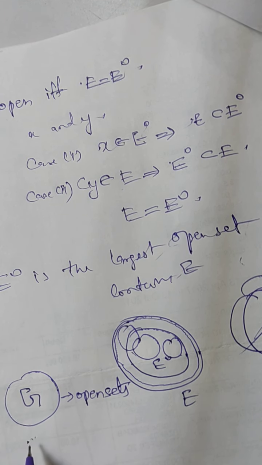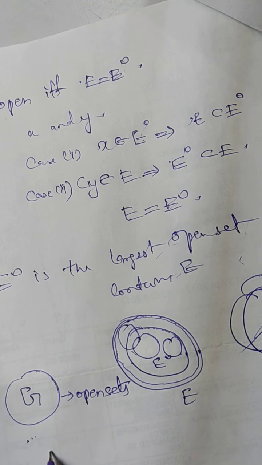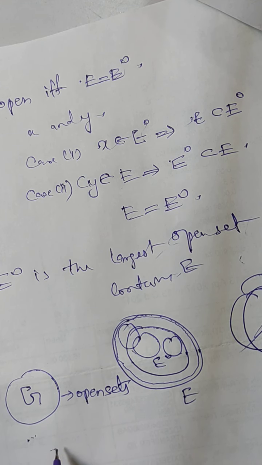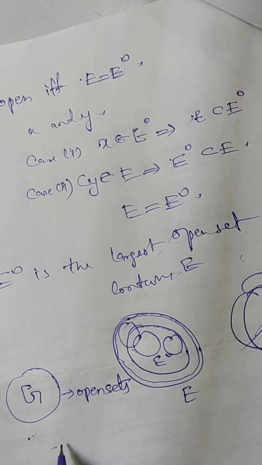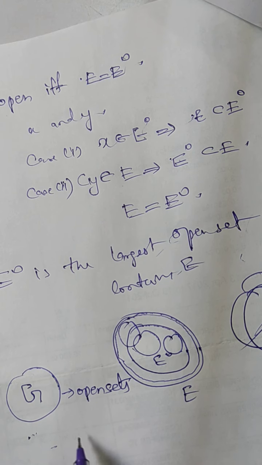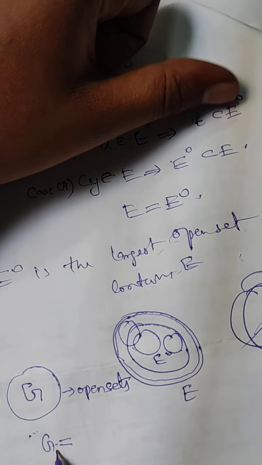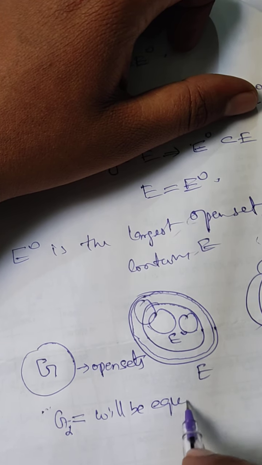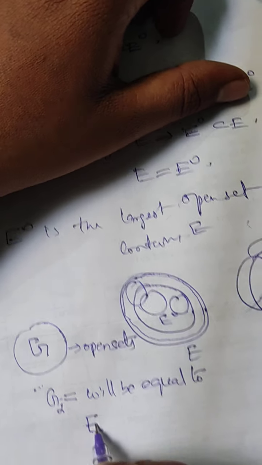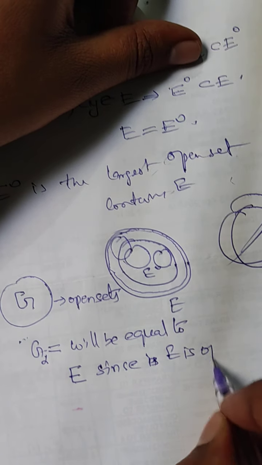Hence we can say that G is a subset. G will be equal to G alpha, for some alpha, which will be equal to E, since E is open.